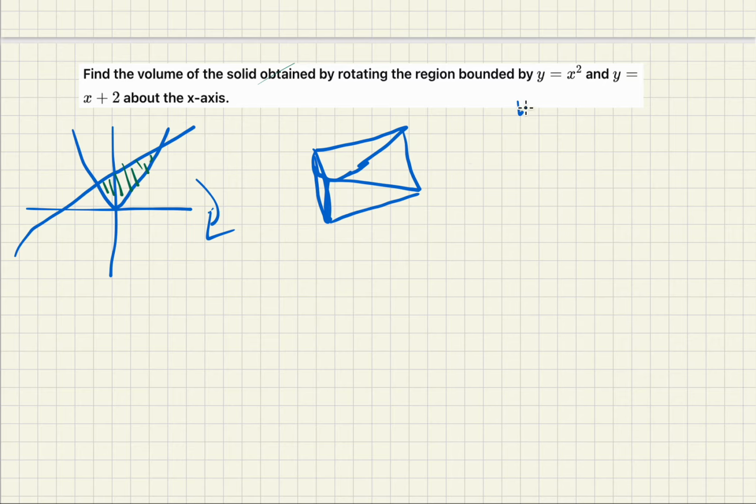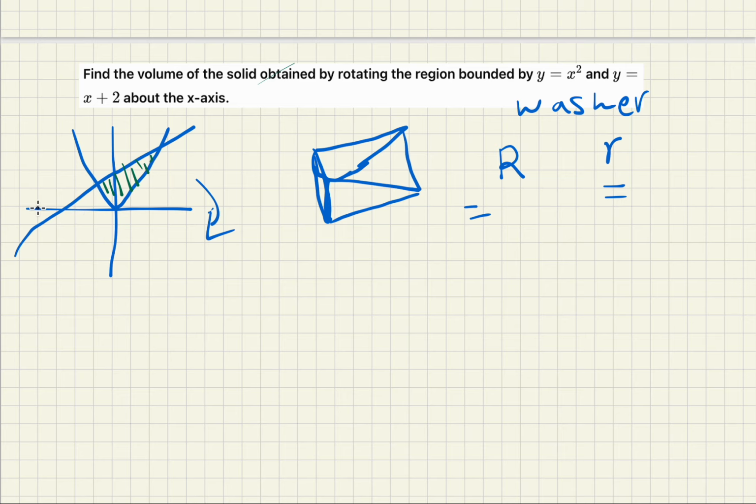And so since it has a hollow shape, that means we need to use the washer method. The first step of the washer method is to find the uppercase R and lowercase r, or the outer radius and inner radius. The easiest way to figure out what the outer radius and inner radius are is to look at the graph and figure out which equation is on top, or which is furthest away from the axis you're revolving about.